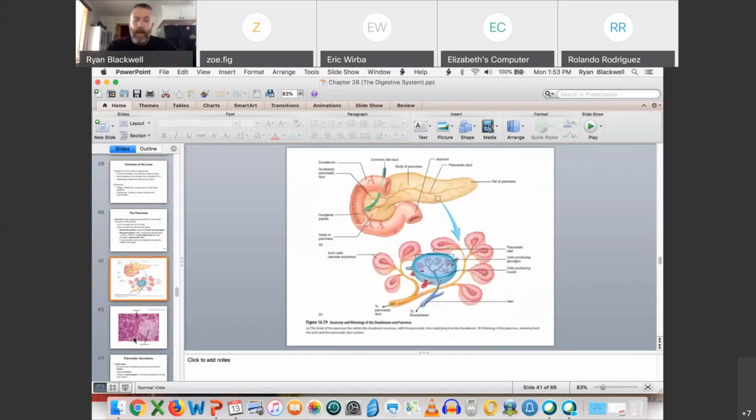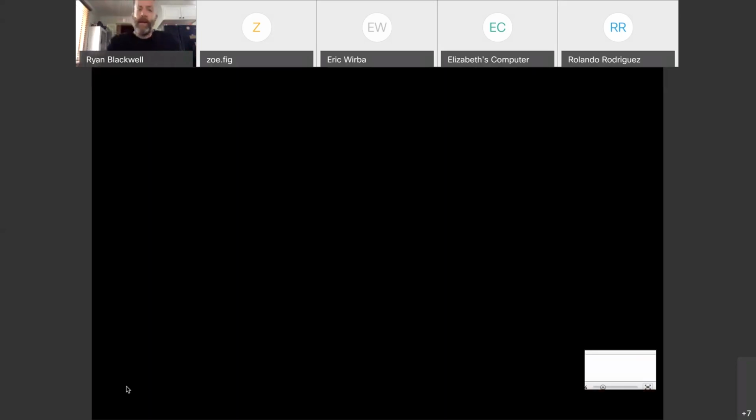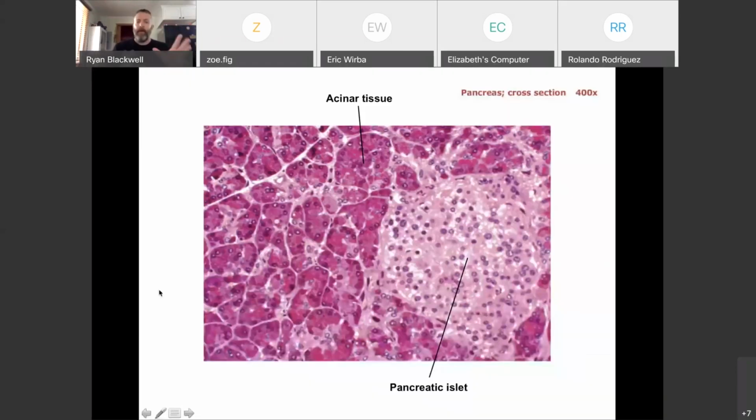Let's start here. Hopefully everyone can now see my slide number 66, microscopic view of the pancreas. Again, this slide came from that digestive system histology PowerPoint that I added to D2L last week.